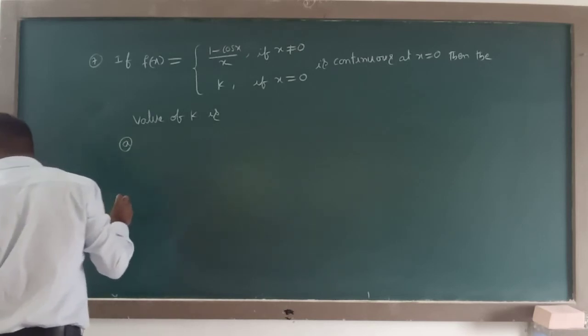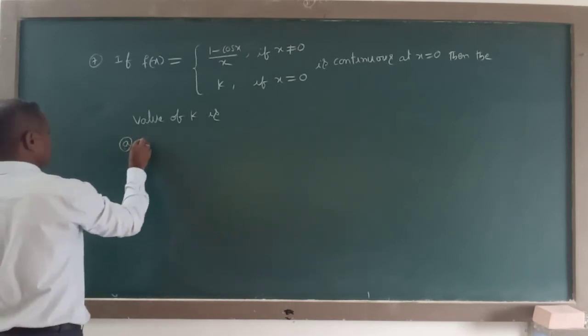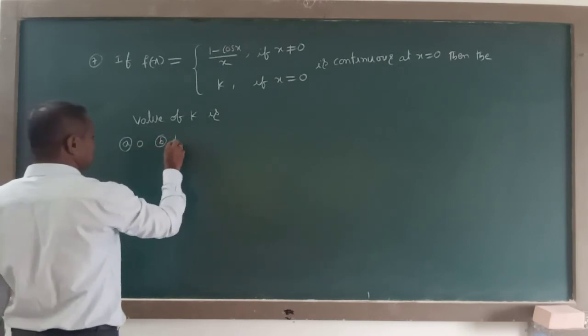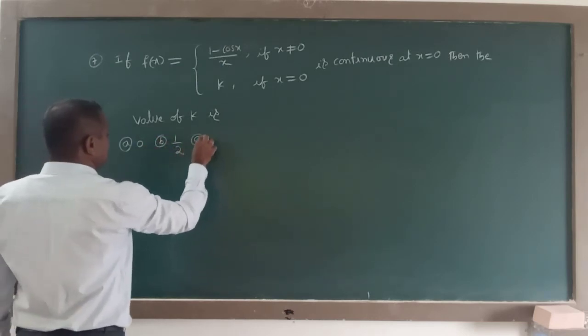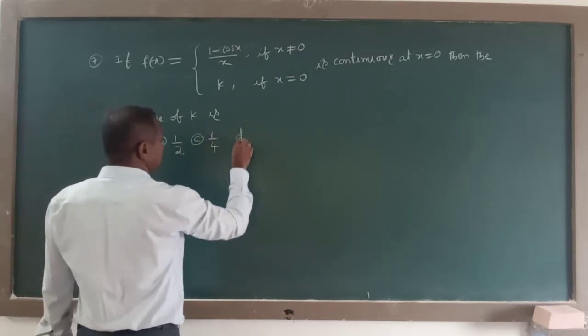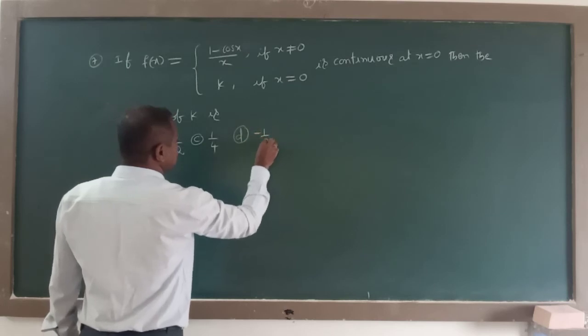First option is 0, second option is 1 by 2, third option is 1 by 4, and last fourth option is minus 1 by 2.